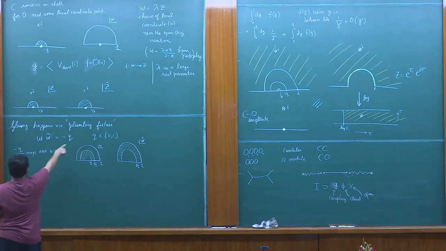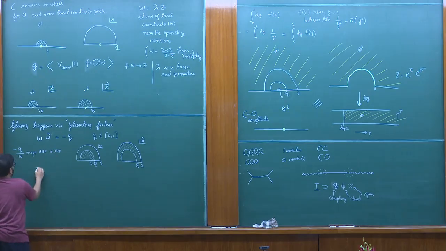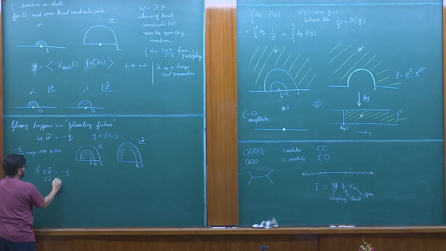Let me write this equation in terms of the Z coordinate. This is what was happening in the W plane, but in the Z coordinates this is lambda square Z Z hat equals minus Q, because W was lambda times Z. So this is saying that Z times Z hat equals negative Q by lambda square.